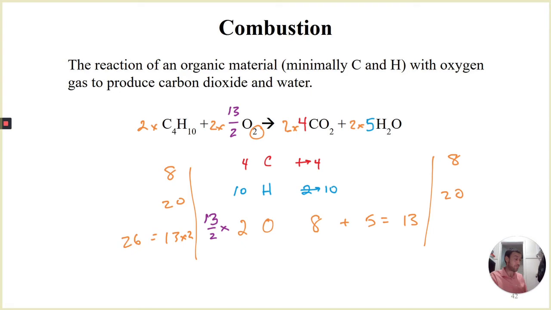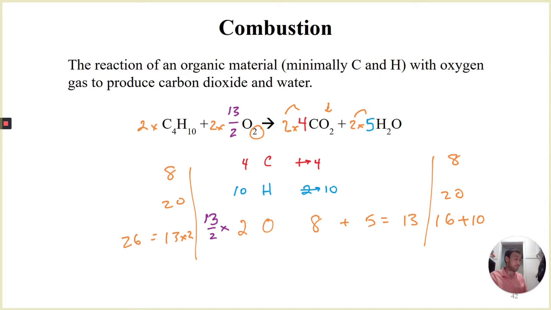Oxygen on the right, we have an 8, but there's 2 in CO2. 8 times 2 is 16. 2 and 5 is 10. There's only 1 plus 10 gets me my 26, and it balances.